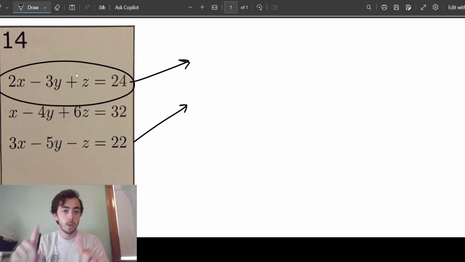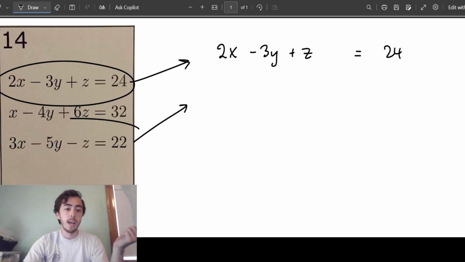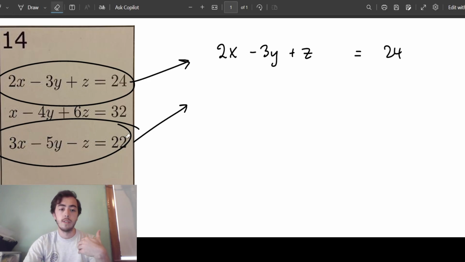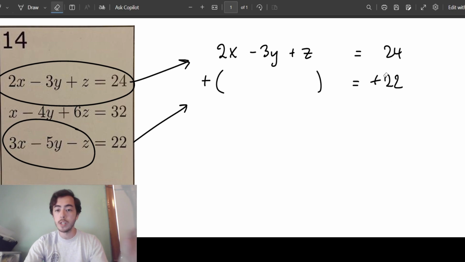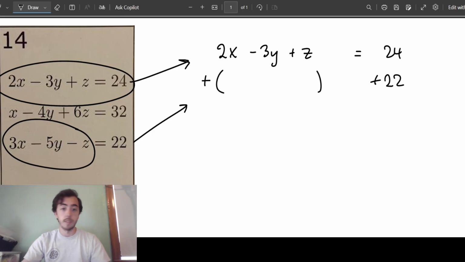So this equation, we're assuming it's true, and so I know that 2x minus 3y plus z is equal to 24. And then we have to assume that this equation is true as well, so we know that this value and that value are identical. So if I add this to the left-hand side, I am allowed to add 22 to the right-hand side, and my equation is still going to be balanced because these 2 values that I'm adding on the left and right sides are the same.